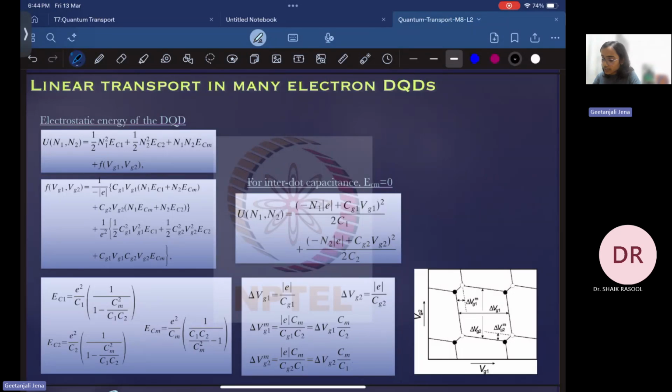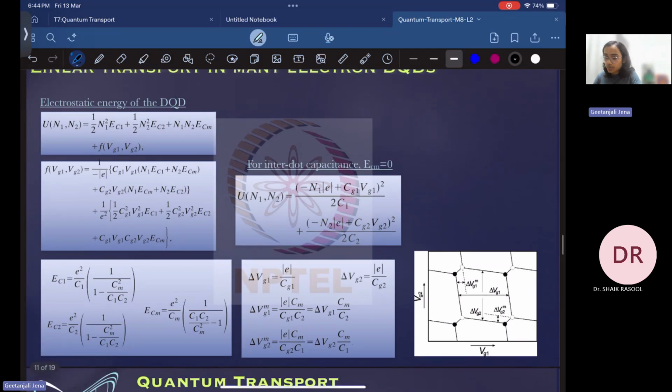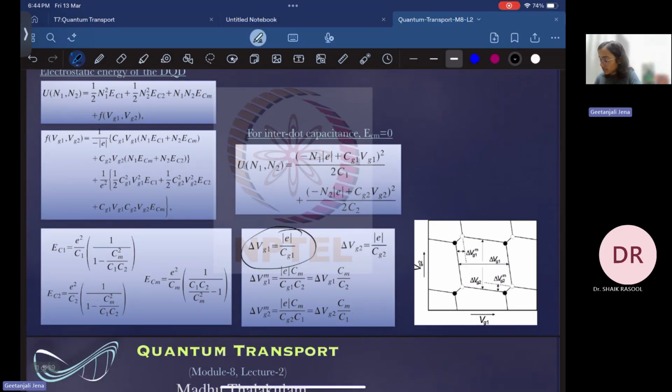We can calculate the electrons. Just go through, no need to remember the whole equation, but you need to remember what the dependence is. If you see this figure, for a honeycomb lattice, recall from the single electron transistor that by studying the Coulomb diamond region, we can calculate the period of Coulomb oscillation, and from the period we can calculate the gate capacitance, because the period of oscillation is related to the gate capacitance.